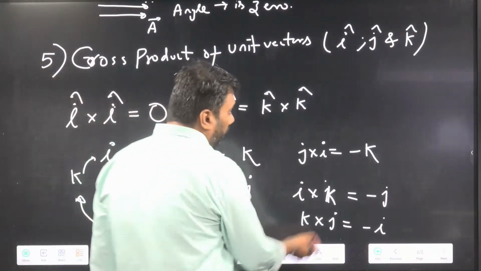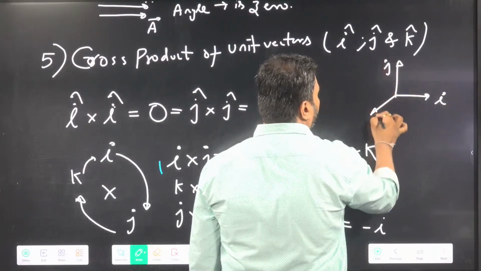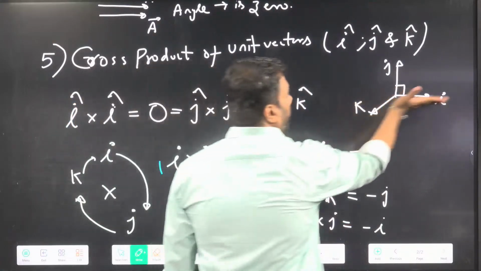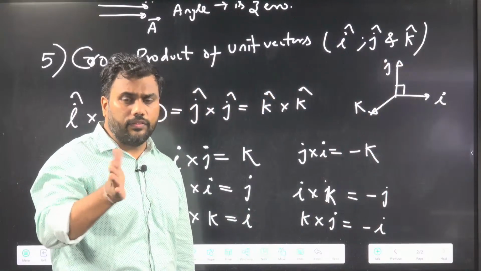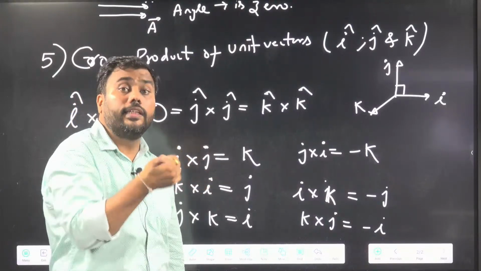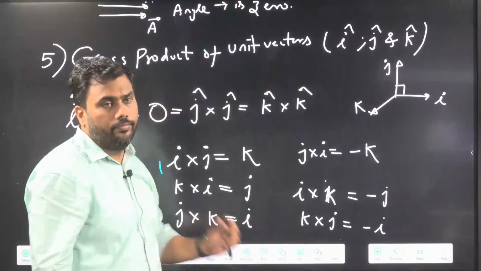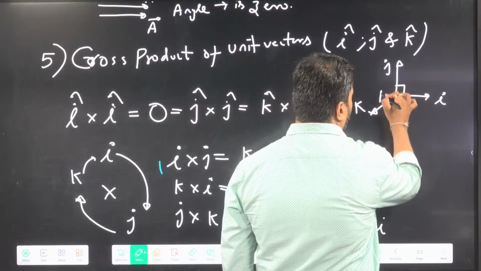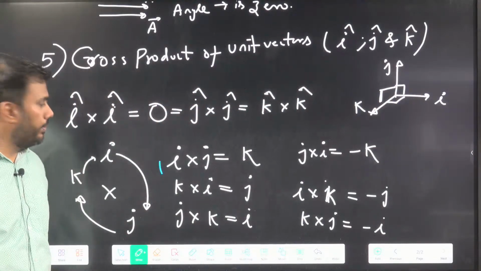Okay, why is this happening? Because the three vectors i, j, k are perpendicular. When i and j are crossed, the direction is outside, that is the direction of positive z axis. The X, Y, Z axes follow the right hand thumb rule. The direction of positive x into the direction of positive y gives the direction of positive z. i cross j gives the direction of k. i, j, k are mutually perpendicular.